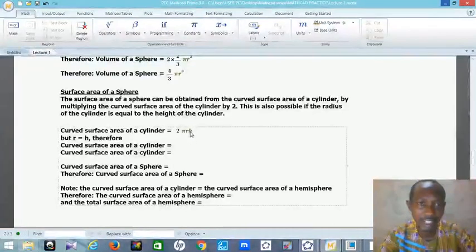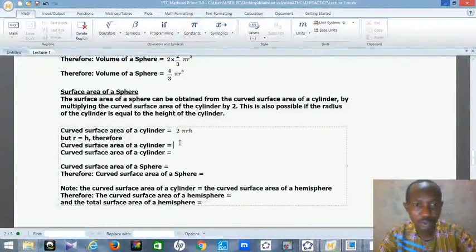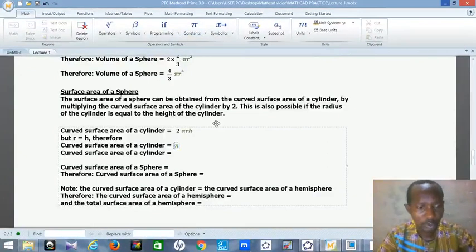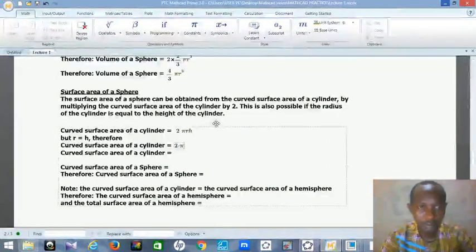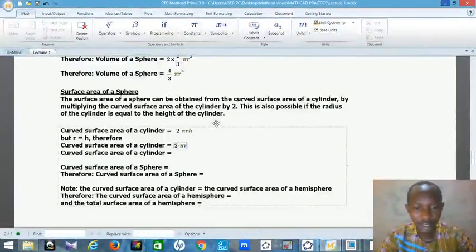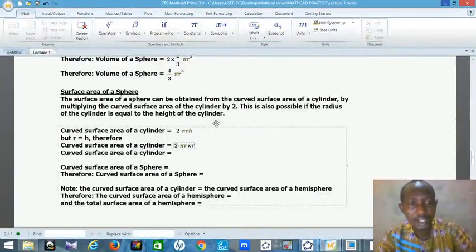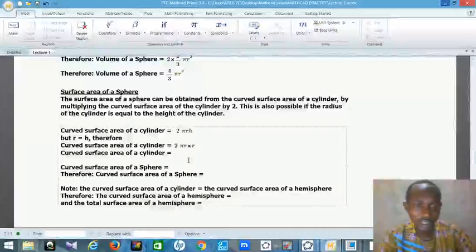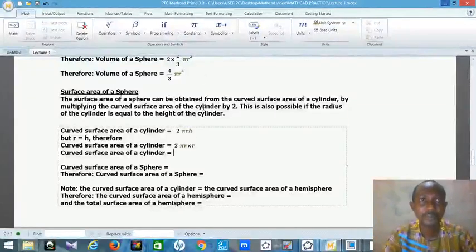So this h is the height of the cylinder, and r is the radius of the cylinder. Since you have this, now we say r must be equal to h. Then you now have your 2 pi r times r.